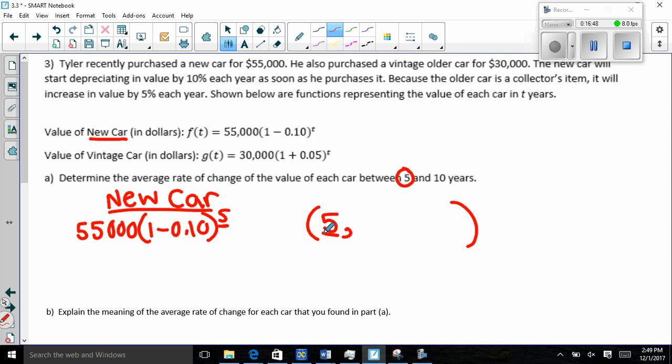When you do that, I want you to round to the nearest dollar. You're literally writing this in the calculator. You end up getting 32,477 when you round. That means in 5 years, that car was worth $32,477. Then, to find my 10th year, I'm going to do it again.